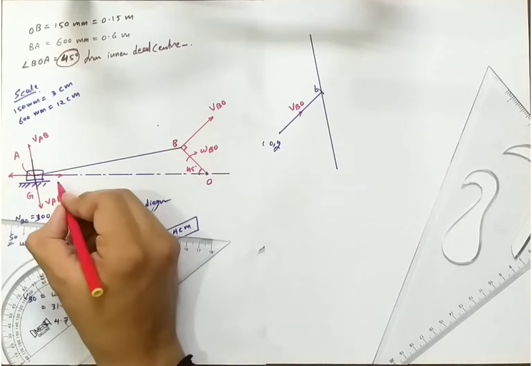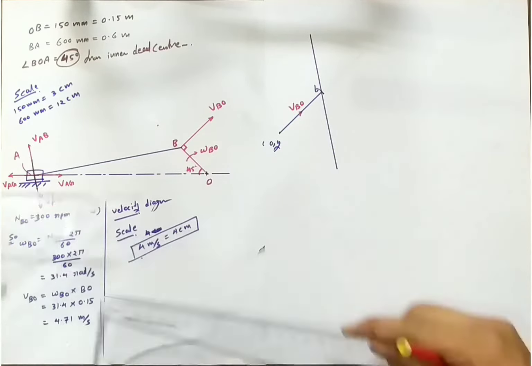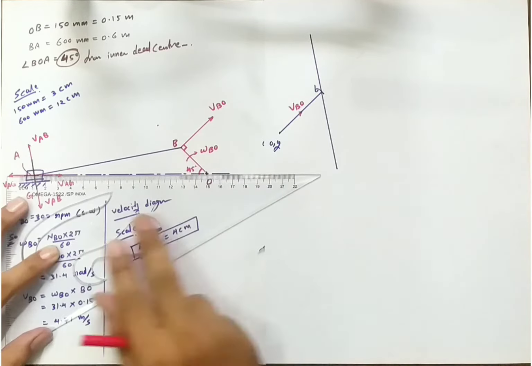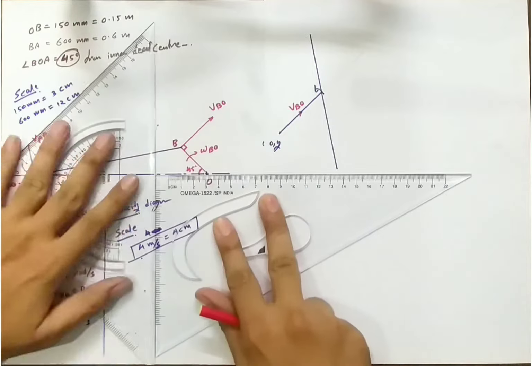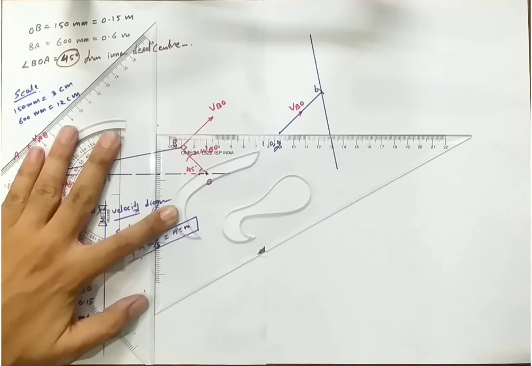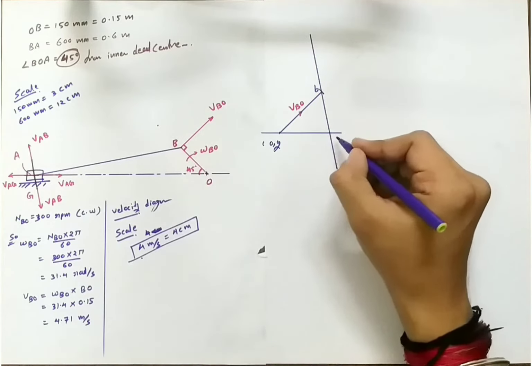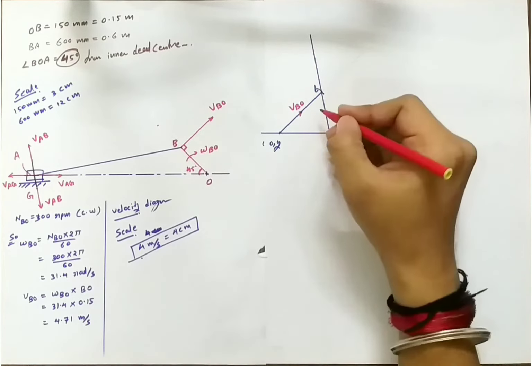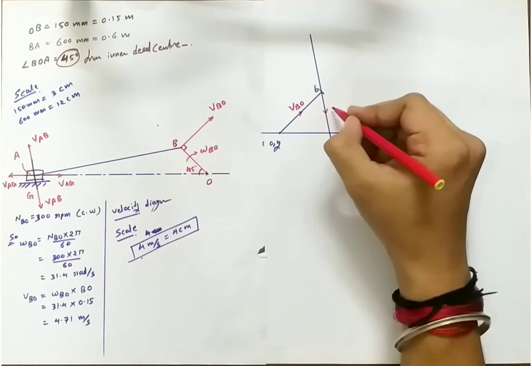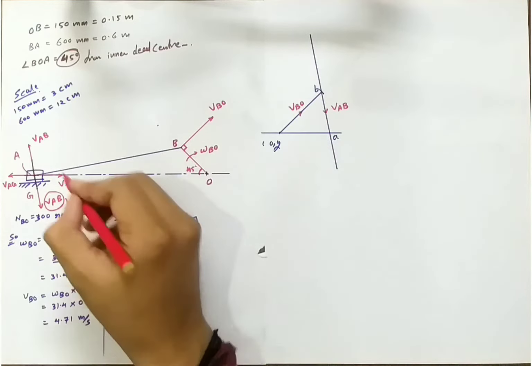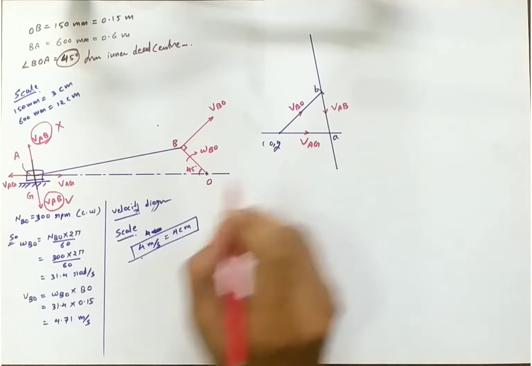So VAB and VAG, we will shift these directions to this velocity diagram. By shifting, you can see there are two velocities, and the intersection of both velocities will be A. So that is point A, and this is VAB. So this prediction is right, this is wrong, and this is VAG, and this is right, and this is wrong.